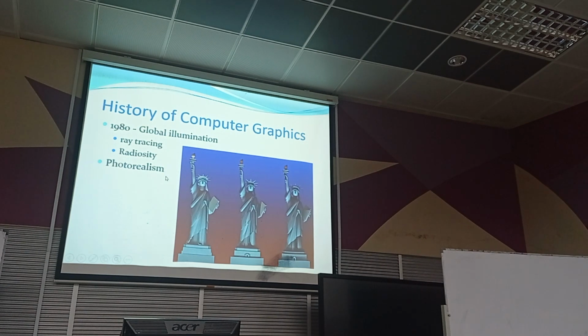You can have photorealism, or photorealistic graphics. At this era, 1980, when we have this CG illumination, only then did we start to have digital cameras, which you can use to take pictures and see your stuff. Before this, no digital camera. Only the film camera, where you have to wash out the hard copy.